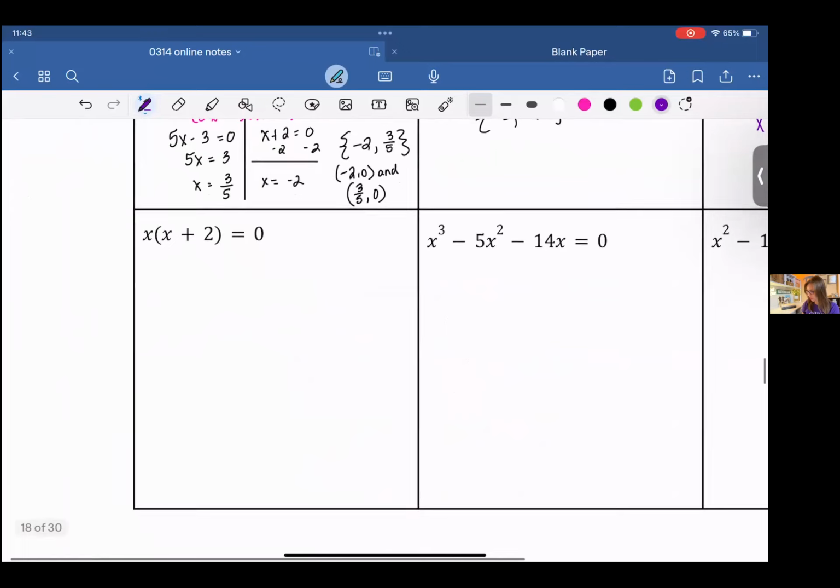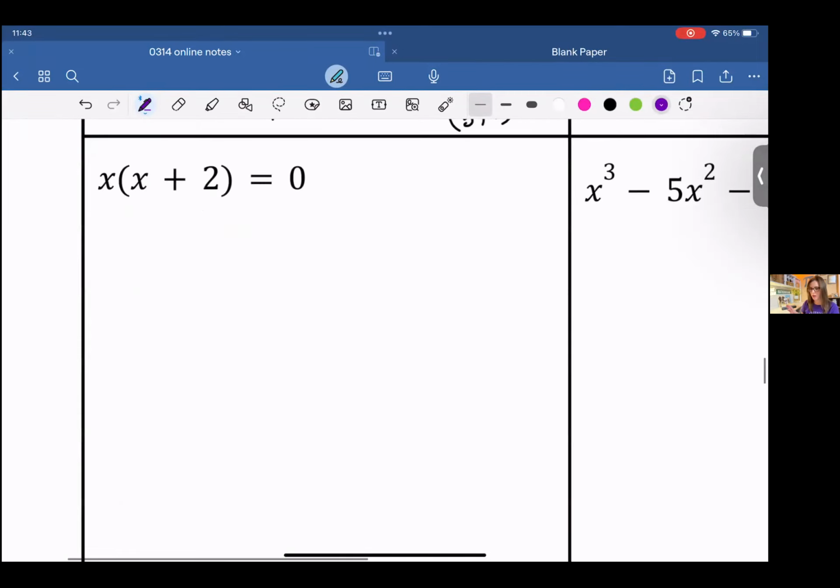Okay, this one, I wanted to bring up something like this because sometimes students see this and they get freaked out. This is already factored. We have x times x plus 2. So sometimes your instinct is to multiply that out and then try to factor it. And you're like, oh my gosh, what am I doing? Just leave it. It's already factored. So right here, we can just go straight to the product principle.